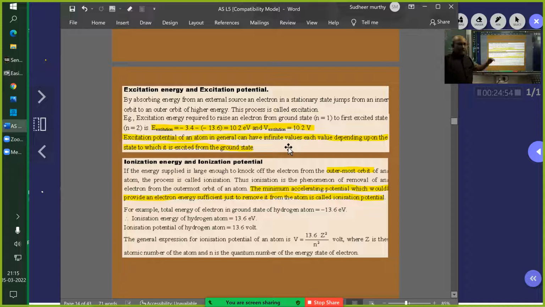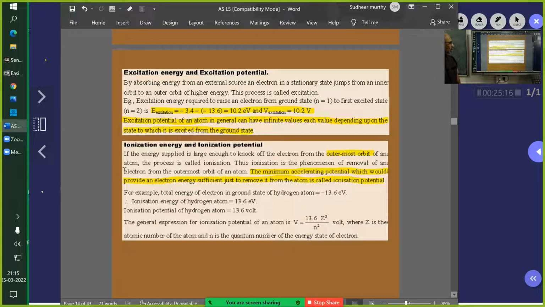So like that, n can have values 1, 2, 3, 4 to almost infinity, but not including infinity. N values are finite, but they will extend till infinity, but not equal to infinity.